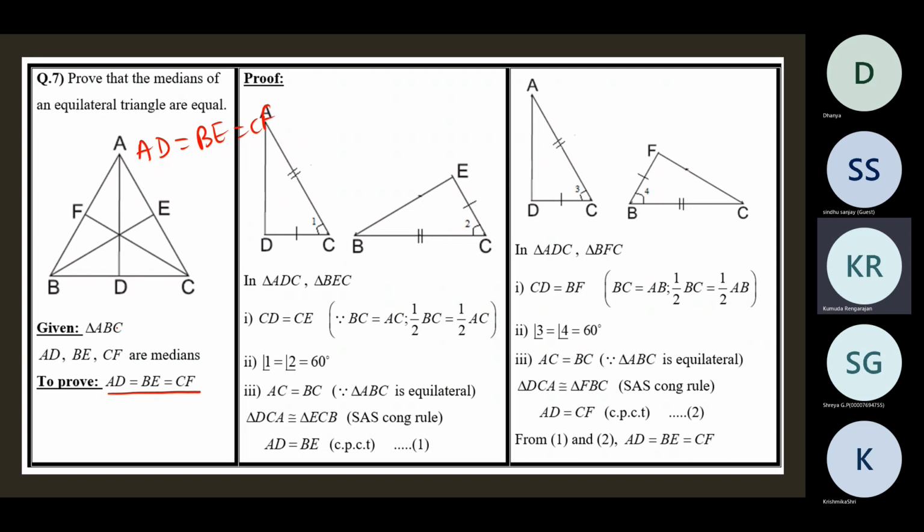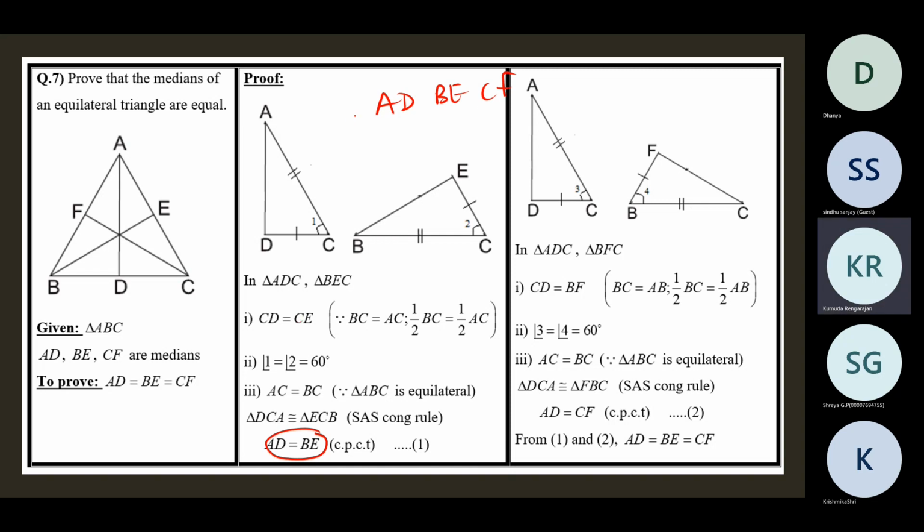Okay, we are given that triangle ABC is equilateral. To prove the medians are equal, take up two triangles where you can get maximum information. To prove that AD is equal to BE is equal to CF, see here what I have done.